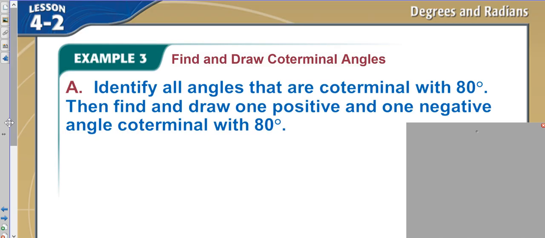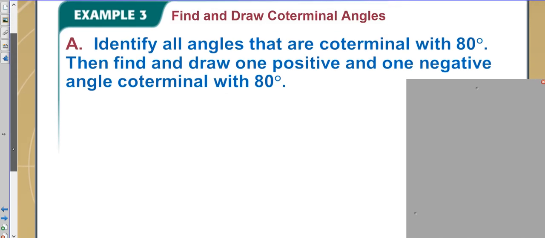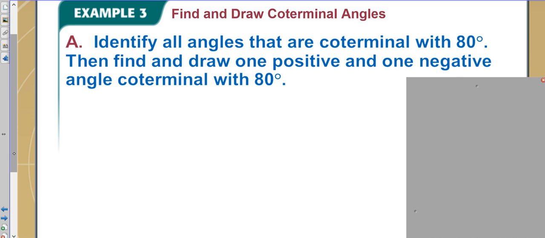So let's look at example 3. It says identify all angles that are coterminal with 80 degrees. Then find and draw one positive and one negative angle that's coterminal. So to find all, the formula is, if you remember from just past there, add 360 in degrees, where n is any integer.